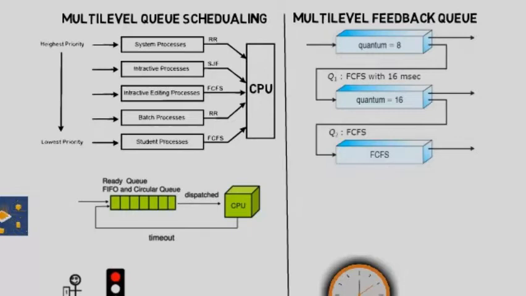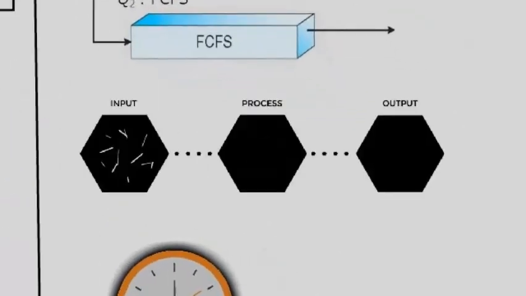Then it will be executed for 8 time units in this queue. Then it will be demoted to the lower queue, which has a quantum of 16. And there it will be executed for 16 units of time. Then we will be left with 1.